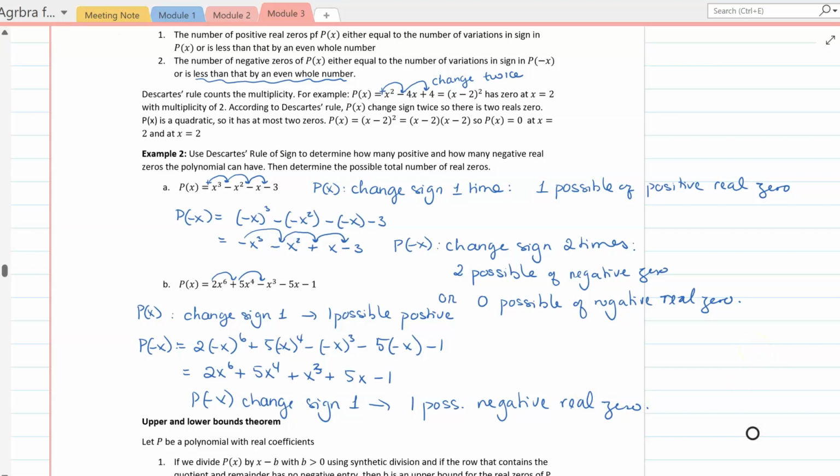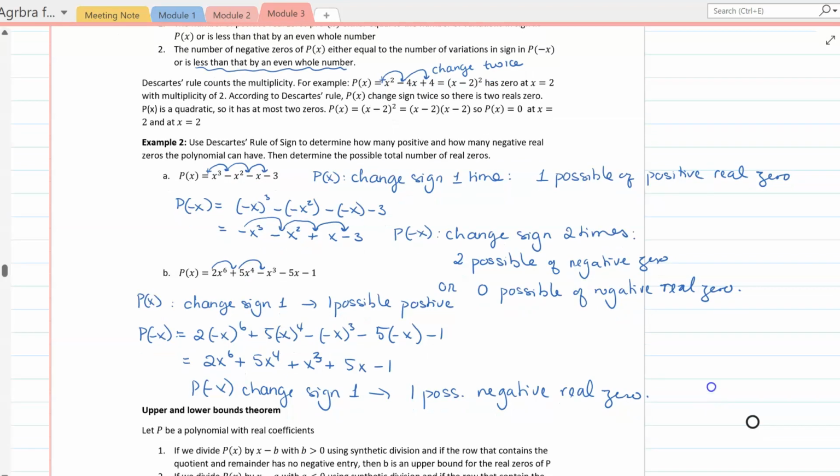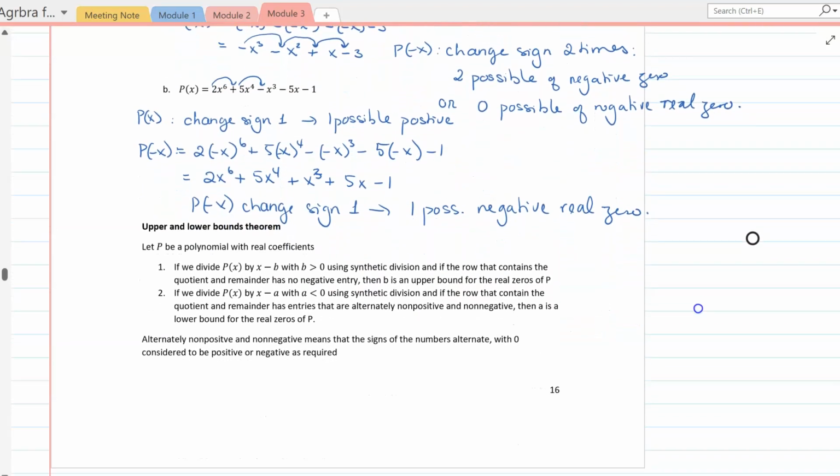Okay, so if you remember in the previous lecture, we have a list of the possible real zeros, and sometimes that list can get pretty big, and to check every single one of them is time consuming. But here we have a way of checking whether we should continue going or whether we should stop and go the opposite direction. We have the upper and lower bound theorem.